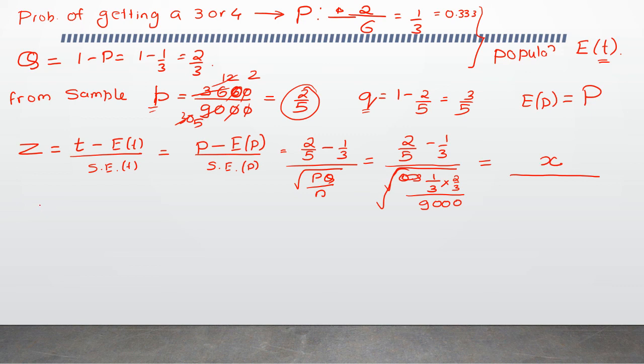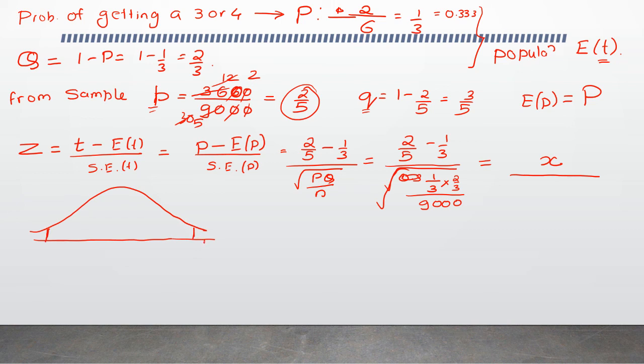My null hypothesis was that the die was biased. Now since it is about 1%, I will look for this region.